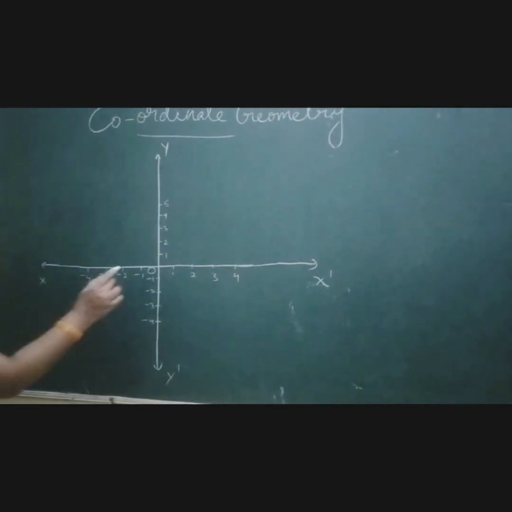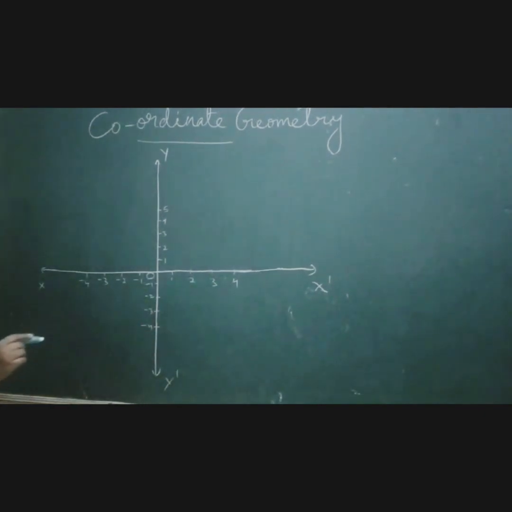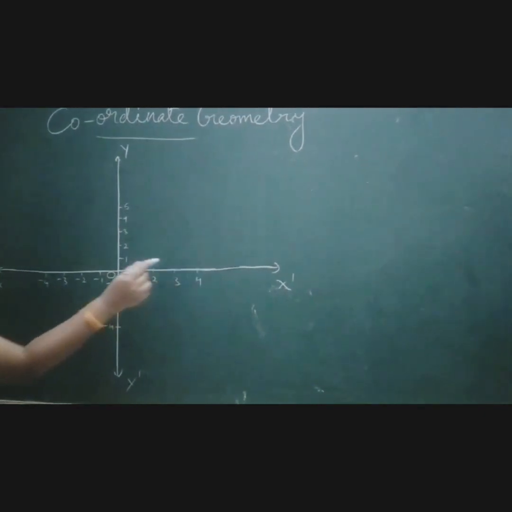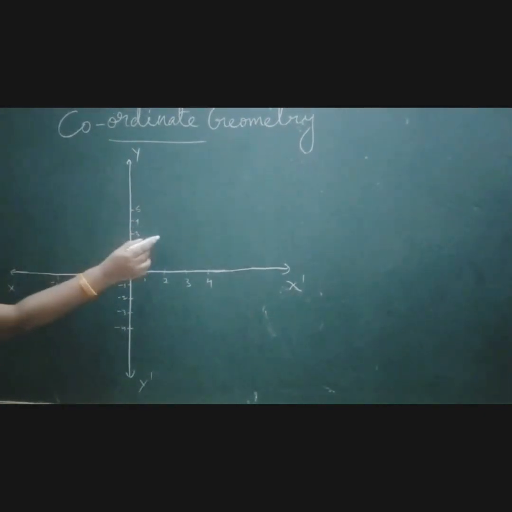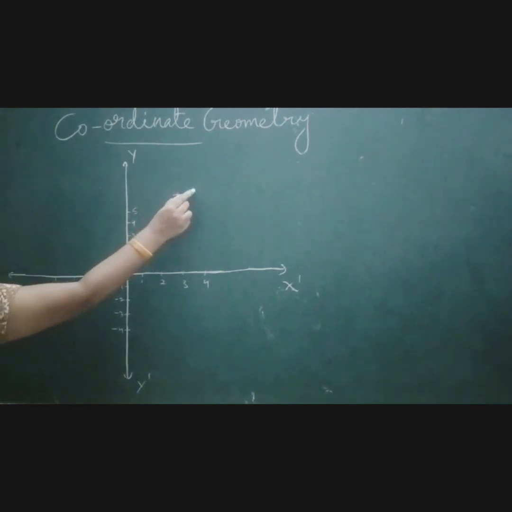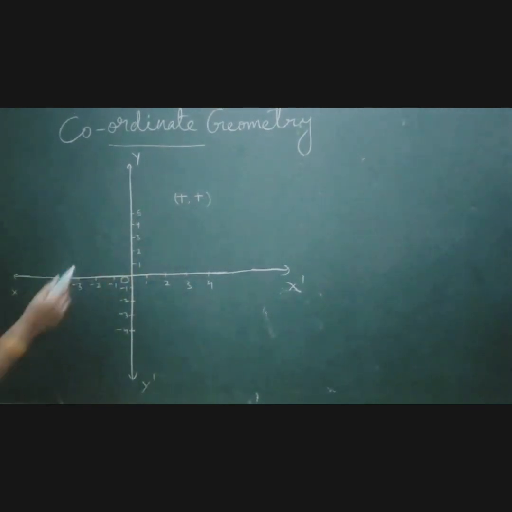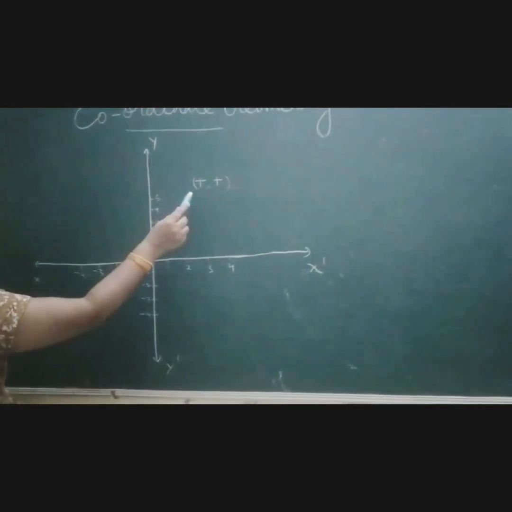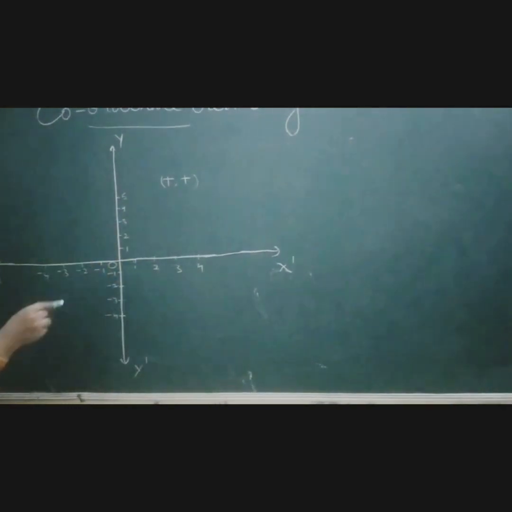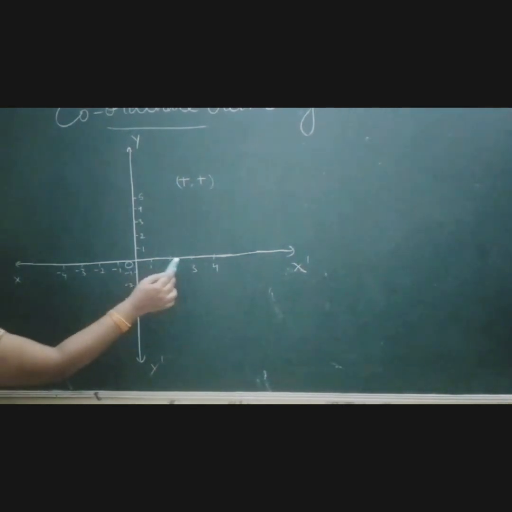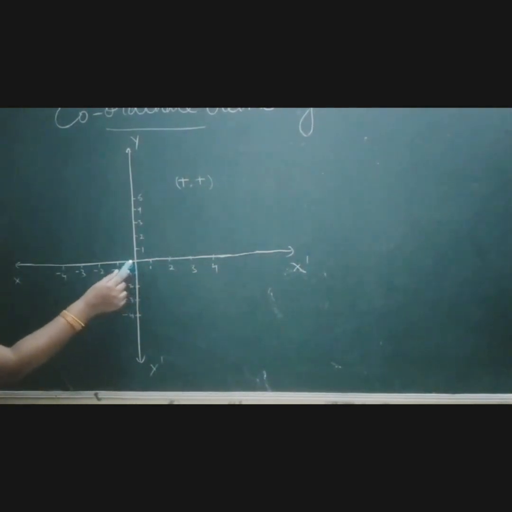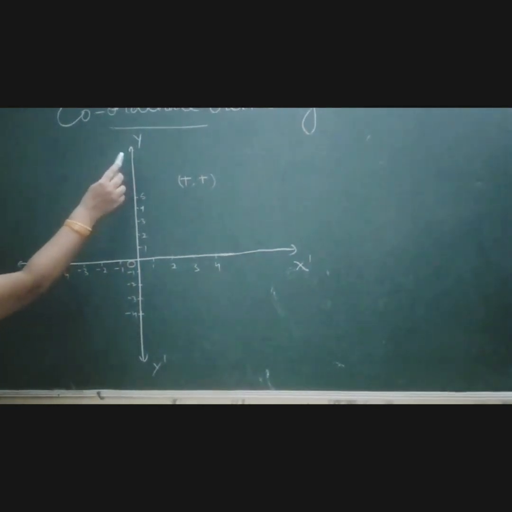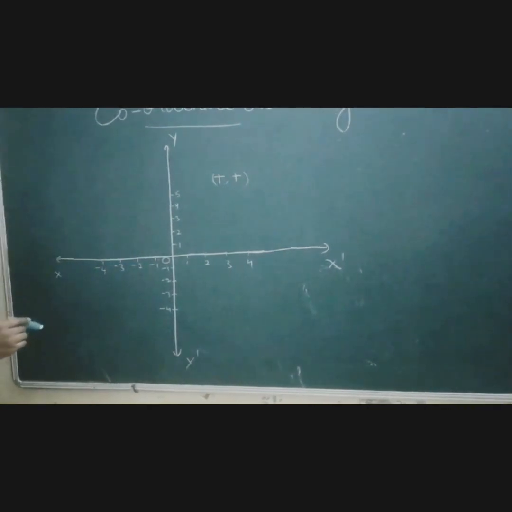So we found that to the right side of origin we have positive values and above also positive. So both will be like plus plus. That means the point will be represented with both as positive, because we have positive axis to the right side of origin and positive above the origin.